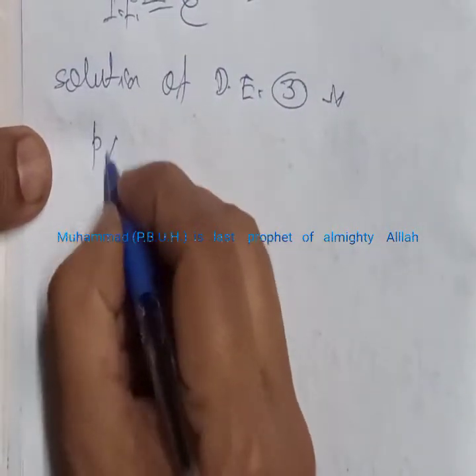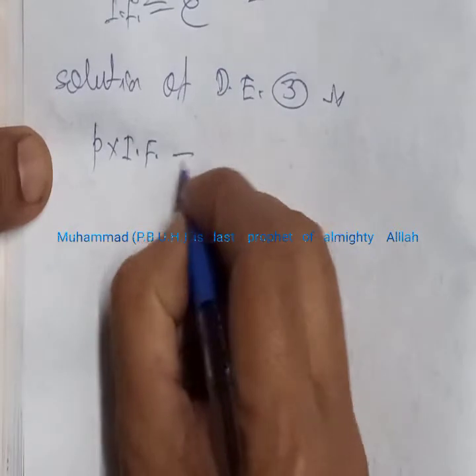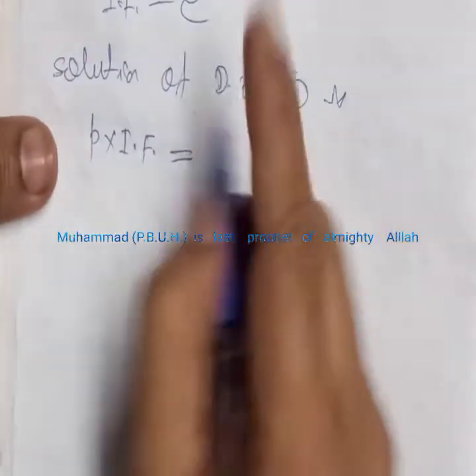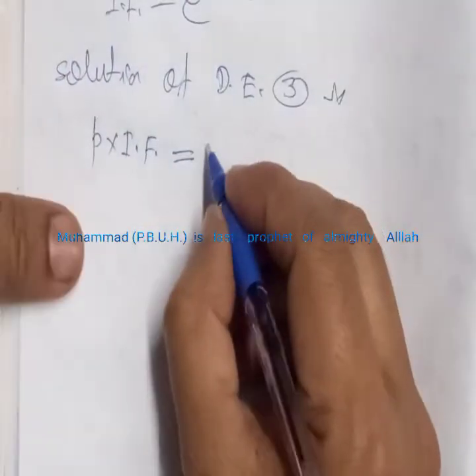the dependent variable v, multiplied by the integrating factor, according to the formula which I wrote on the previous page.